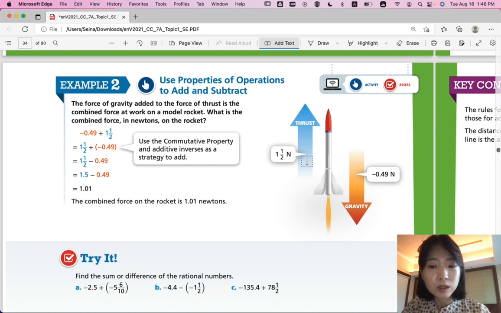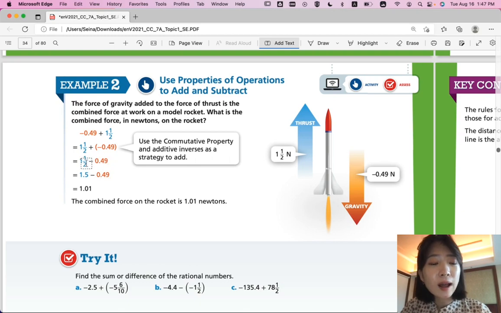The commutative property says that you can change the order of addition. And additive inverses make you change the subtraction into addition. So you can rewrite this addition equation into this second addition equation and subtract 0.49 from 1 1/2.